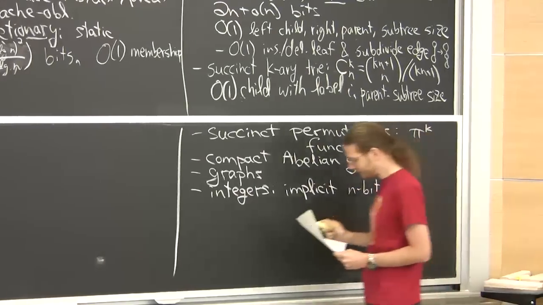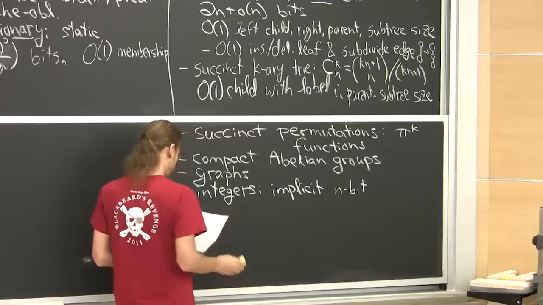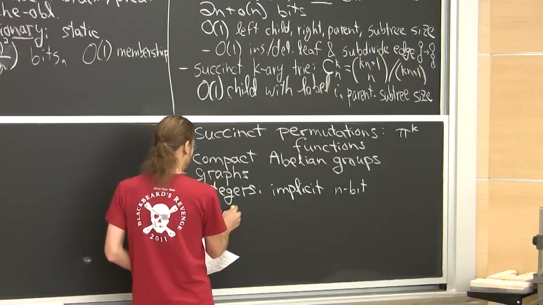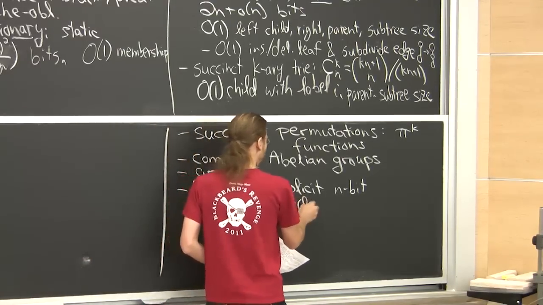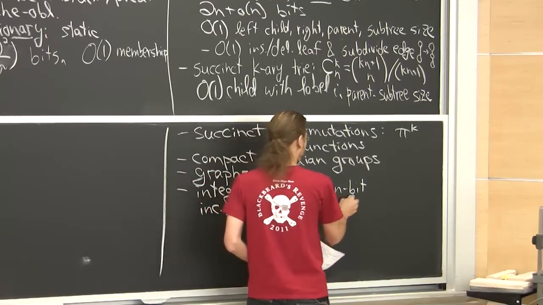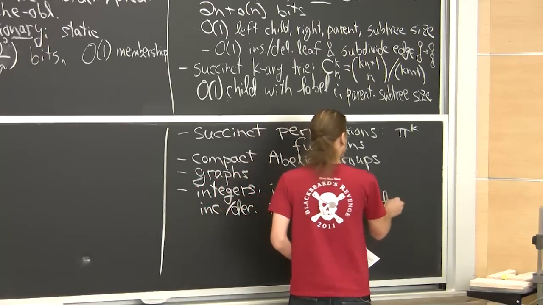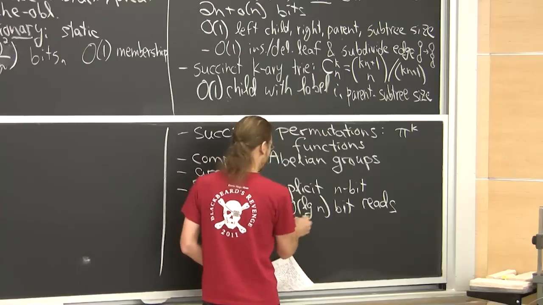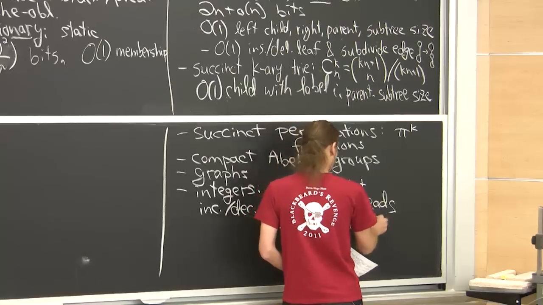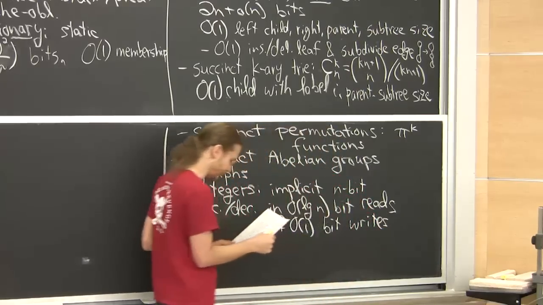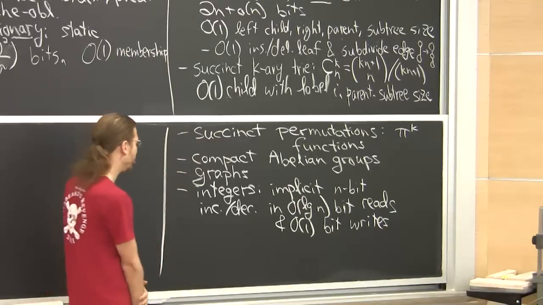If I have an n-bit integer, then I can do an increment or a decrement in order log n bit reads and constant bit writes. And this is Raman and Munro from a couple years ago.